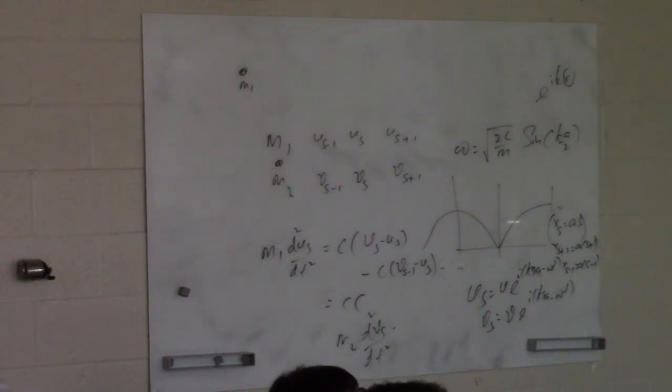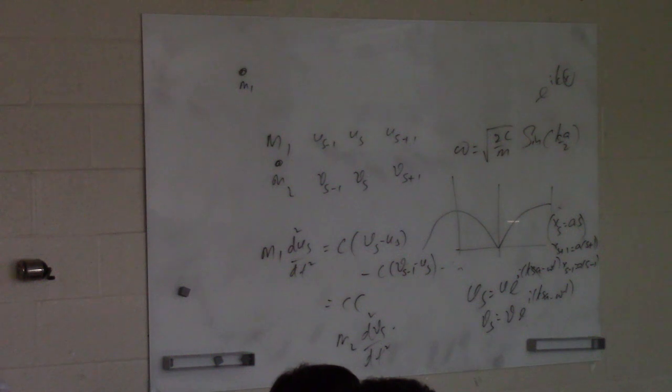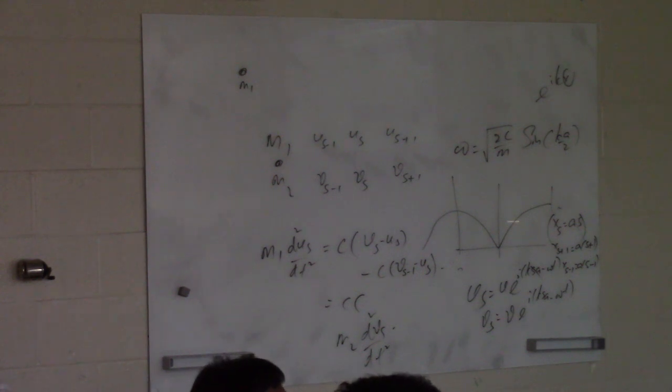We don't know exactly how this one goes, but we know the two values. This has very little dispersion, but this one has a very large dispersion. At this point it goes something like this, at 90 degrees. Is that clear? This is the optical mode, and this is the acoustic mode.